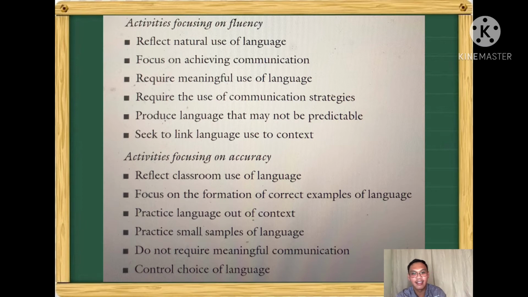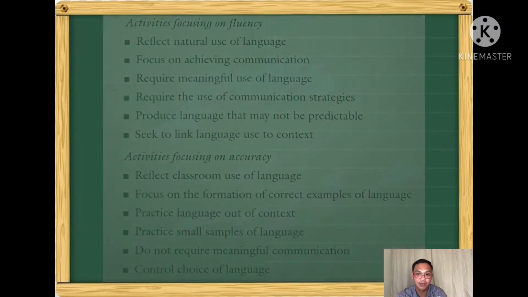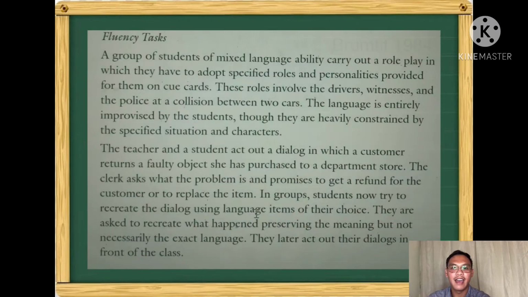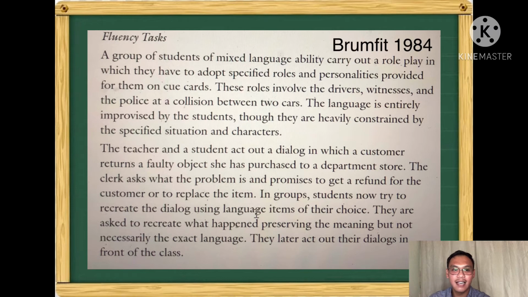On the other hand, activities focusing on accuracy reflect classroom use of language, focus on the formation of correct examples of language, practice language out of context, practice models or samples of language, do not require meaningful communication, and control the choice of language. And these are examples of fluency activities and accuracy activities.